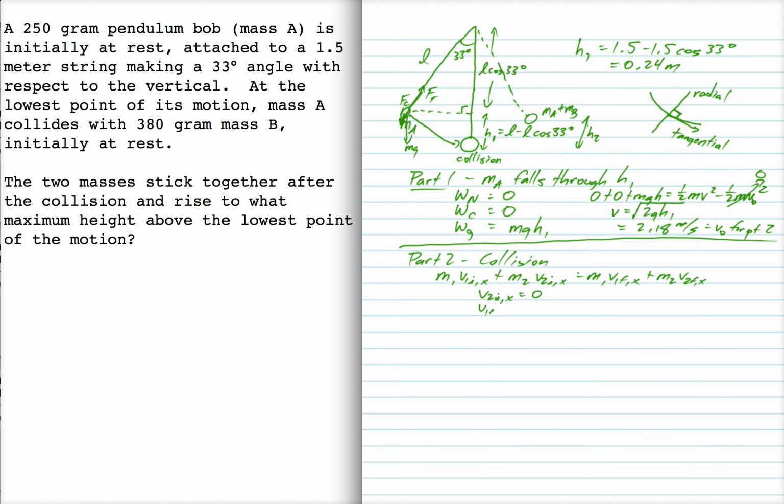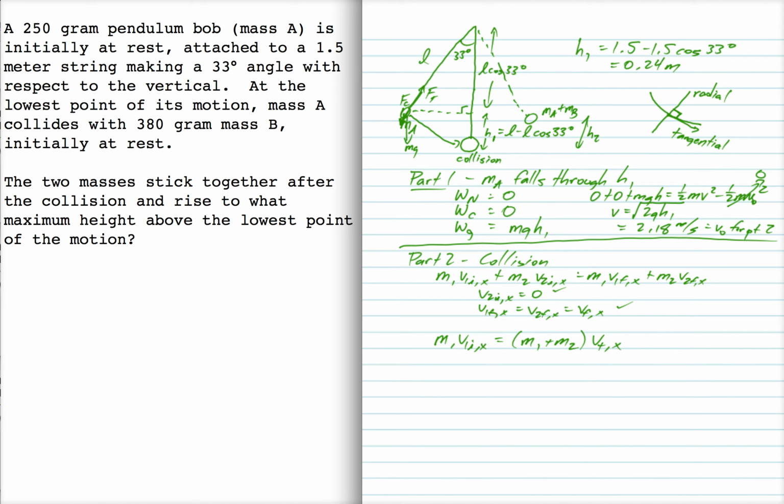We also know that the masses move together after the collision, so we're going to simplify this to just read m1 v1ix is equal to m1 plus m2 vfx. So we've gone from basically 4 different unknown velocities to one that's given, and two of them can be collapsed. So now we have an expression that only has two velocities in it.